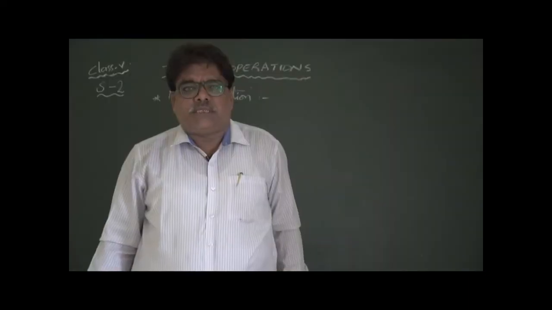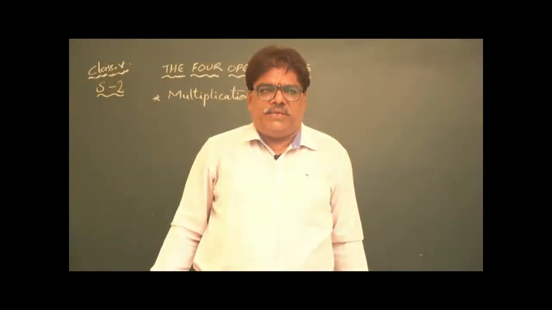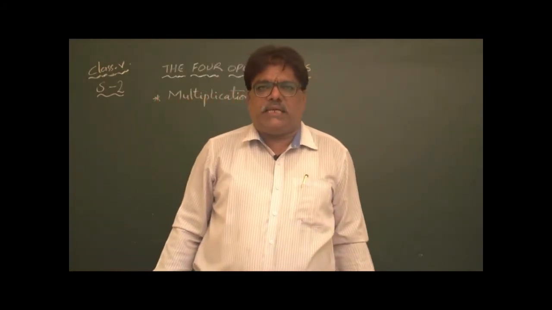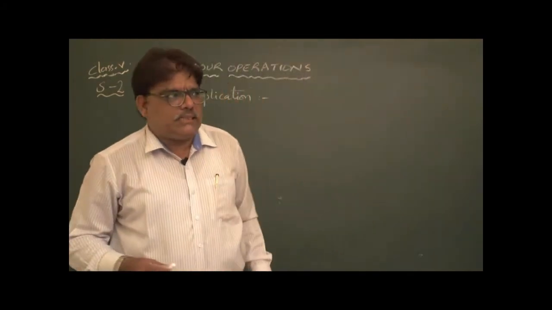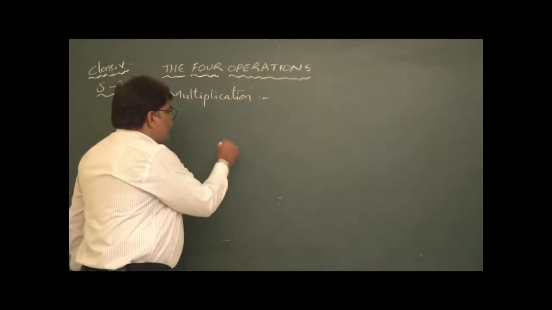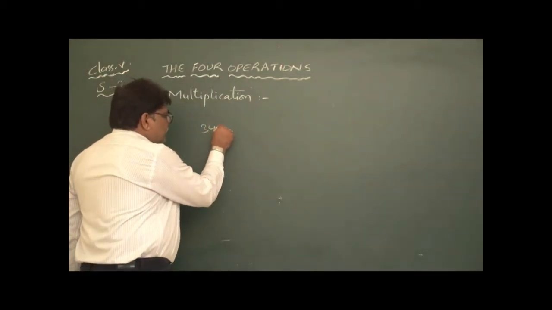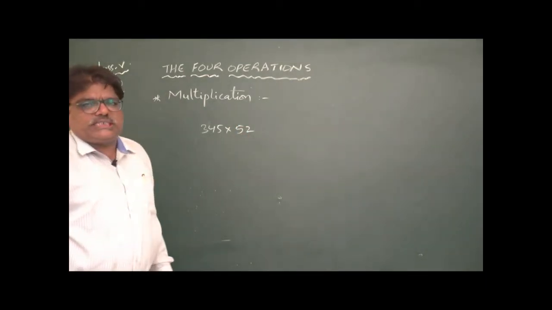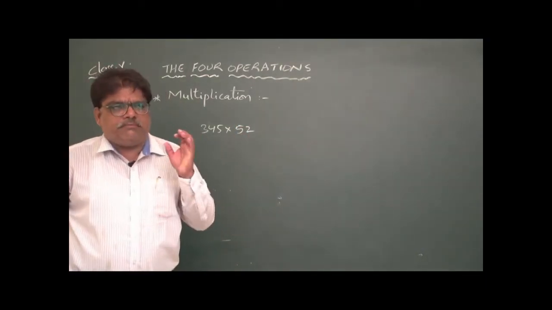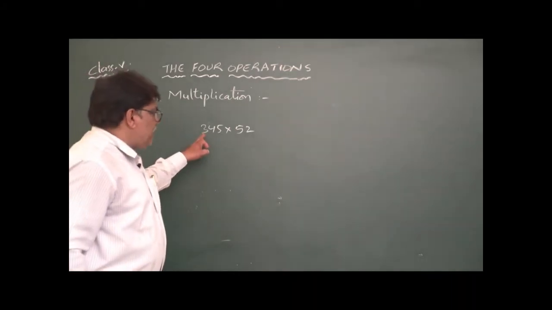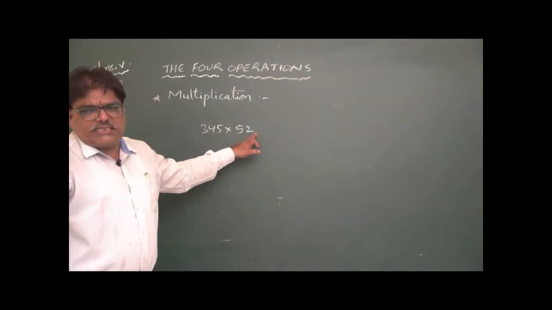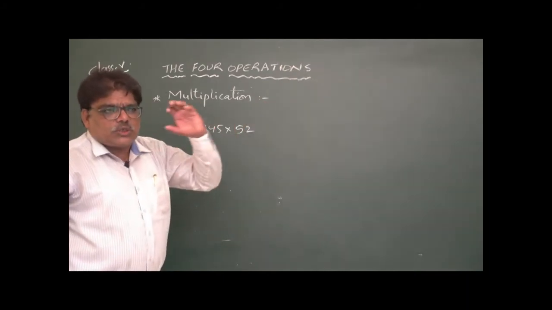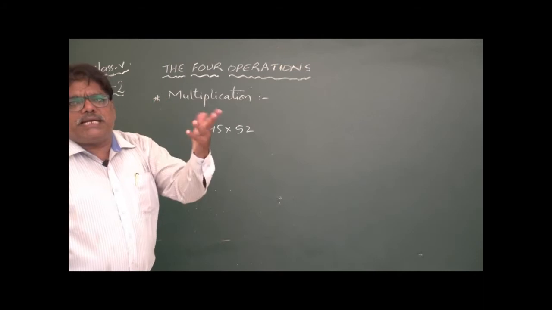Okay. The same type of numbers we can use by splitting the numbers. Splitting depends on the numbers, for example 345 into 52 given here. We should check for the small number and the bigger number. Why? Because multiplying this number by this number, or this number by this number, you will get the same answer. So the smaller number should be split easily.